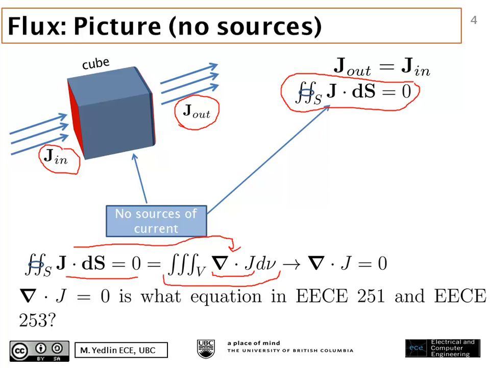This volume here is the actual volume of our cube, and there are no sources of current in that volume. So the equation del dot J is equal to 0 is what equation that we learned in basic circuit analysis in EECE 251 and EECE 253.